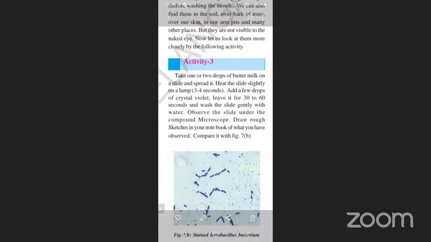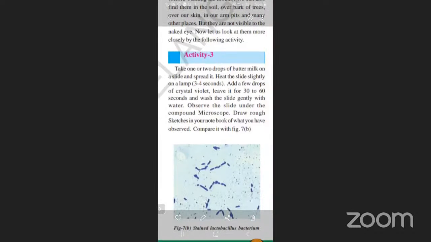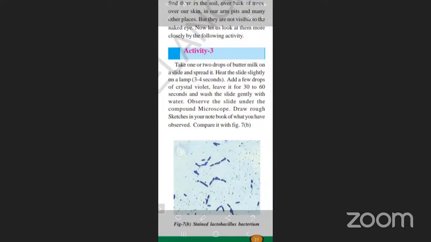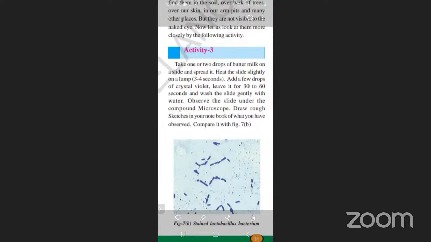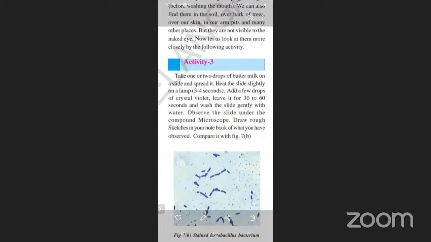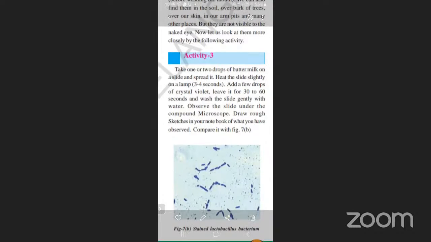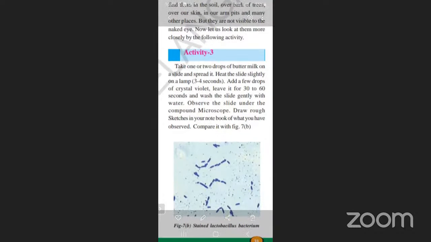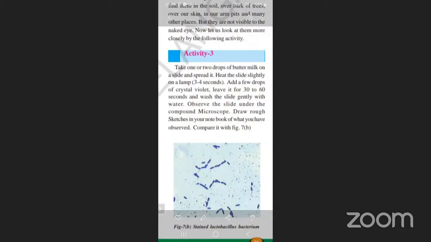First of all we have to write the aim. After that the apparatus, then the procedure. Before or after the procedure, you have to write precautions, which is very, very important. Maybe some students will feel, I have written the procedure for two or three pages, so sir will give full marks. Don't think like that.